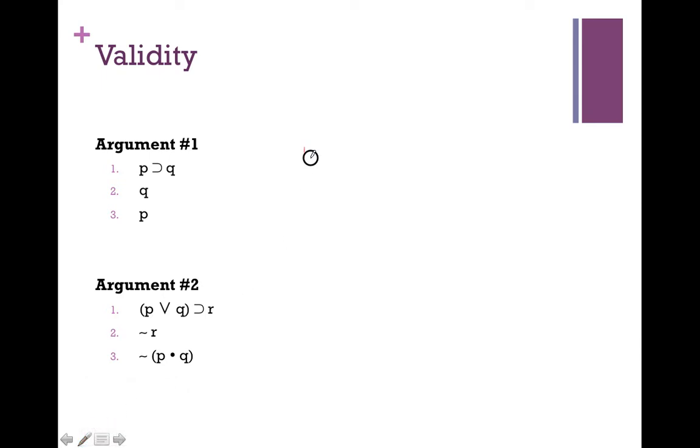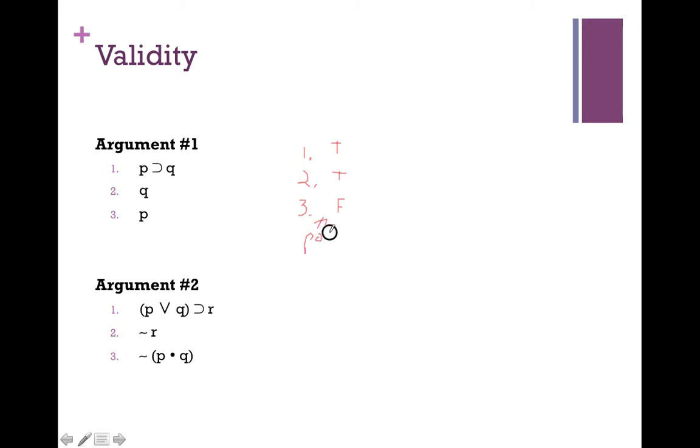And when we're looking for an invalid argument, what we're always trying to do is look for a scenario in which the premises are true, and I'm going to write this right here for you to see, and yet the conclusion is possibly false. And the word possibly needs to be here.